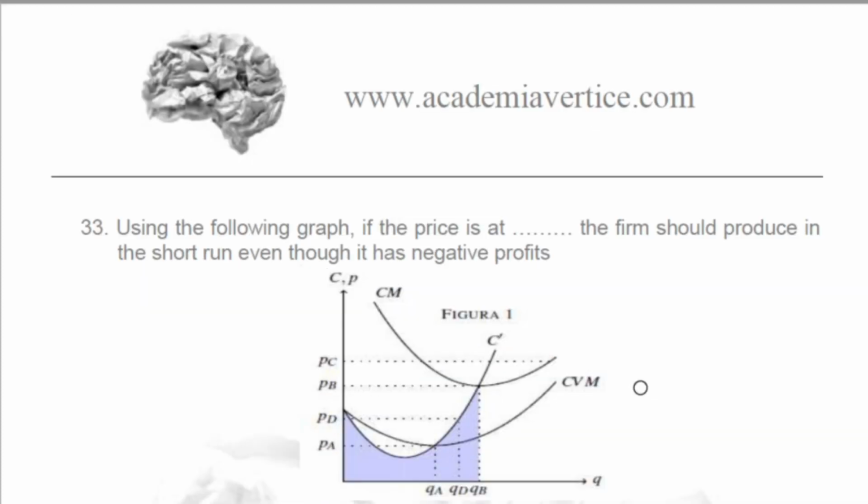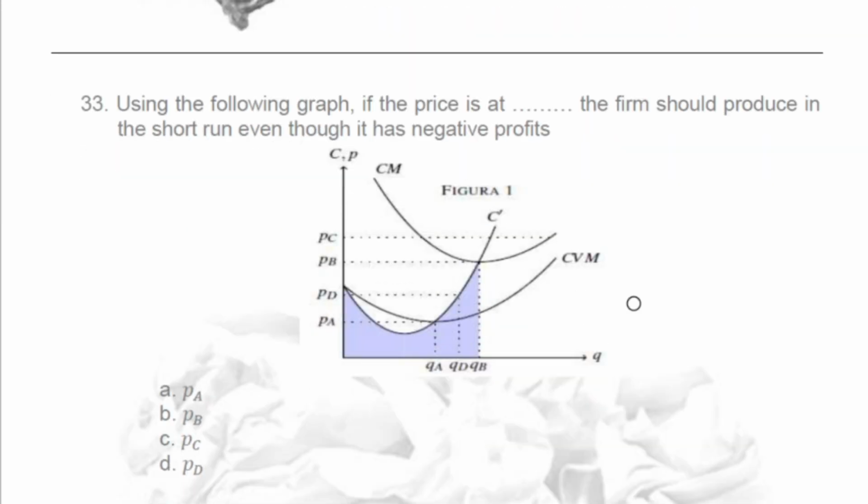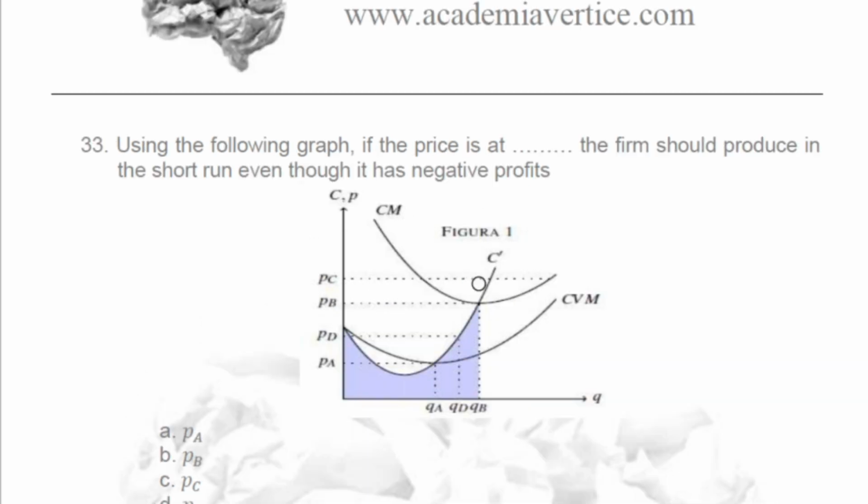Well, using the following graph, at which price should the firm produce in the short run even though it has negative profit? It happens at PD. If the price is PD, we have negative profit because we are below the minimum efficient scale, but we should produce because we lose less than if we didn't produce.